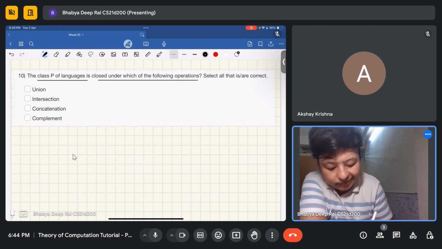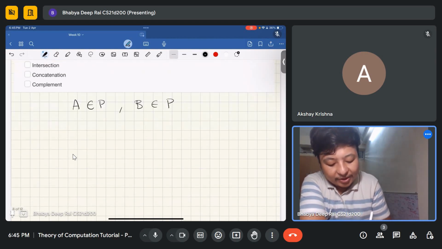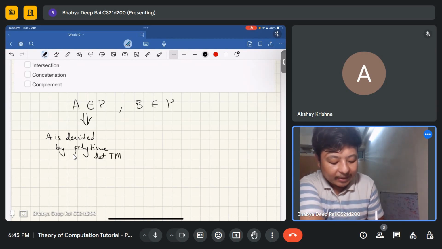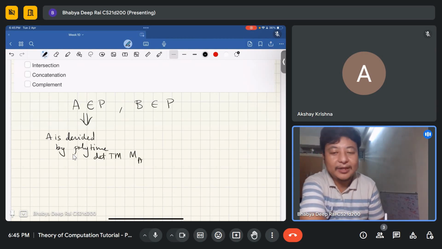Okay. So take any two languages, A is in P and B is in P. So what does it mean that A is in P? A is decided by a polynomial time deterministic Turing machine, let me call it MA.